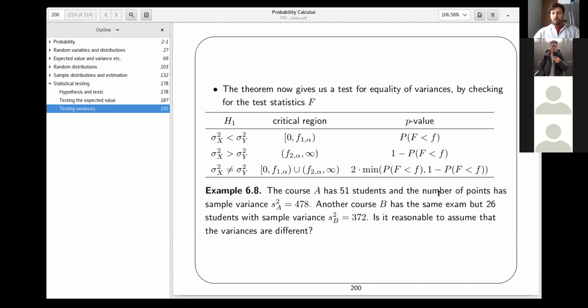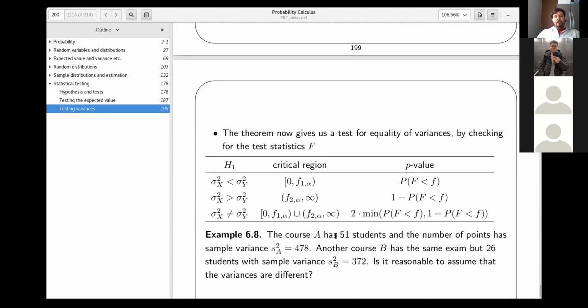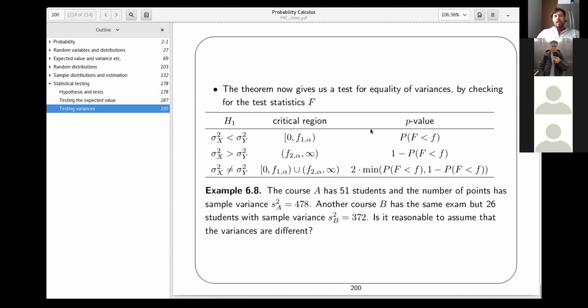We can fairly easily calculate this. This is now a test statistic, directly the test statistic for testing the sameness of variances. We calculate the proportion of the sample variances, and then we determine the critical region from the F distribution.